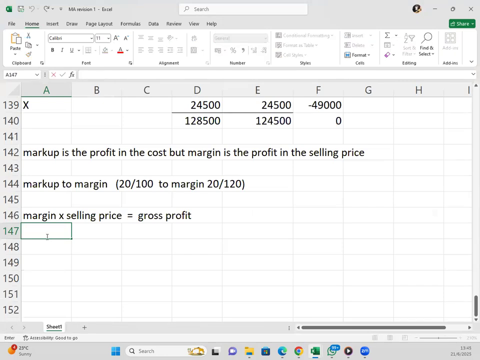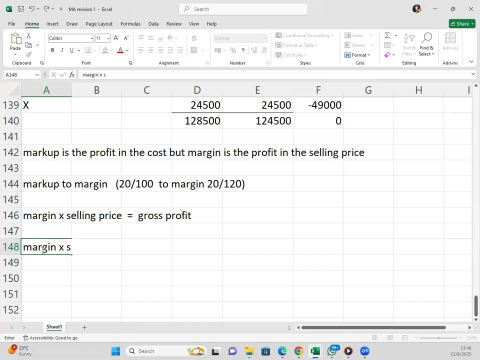So net profit markup. Lisa? Net profit markup. So the margin, in this case, because we are given net profit markup.